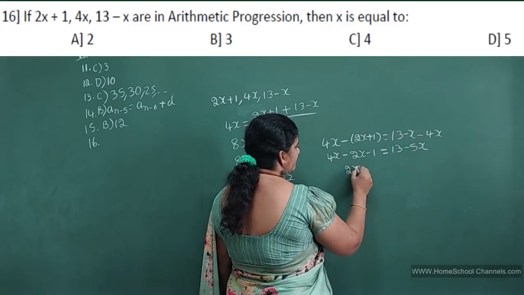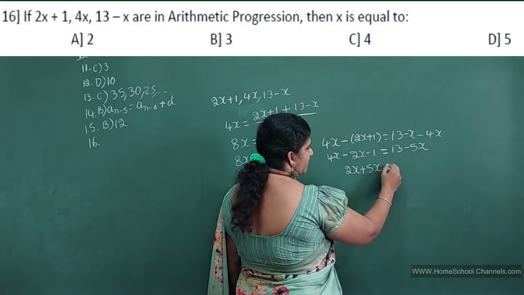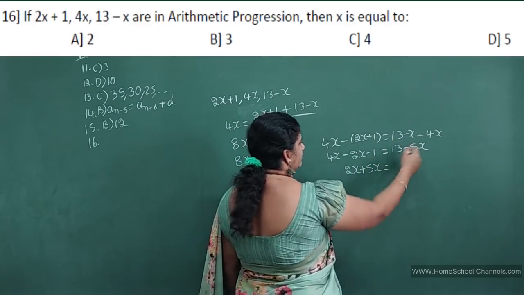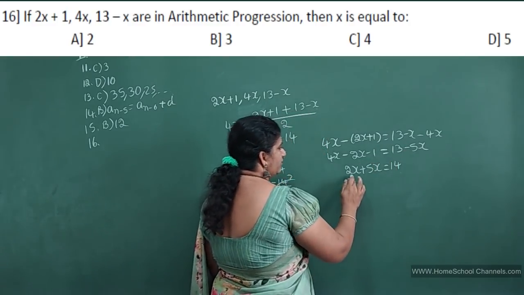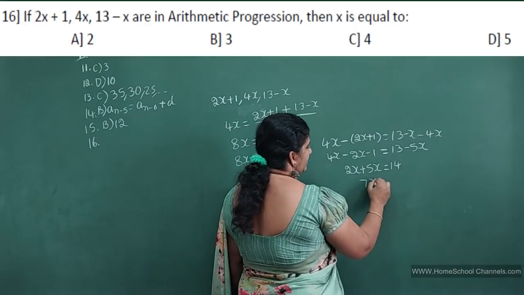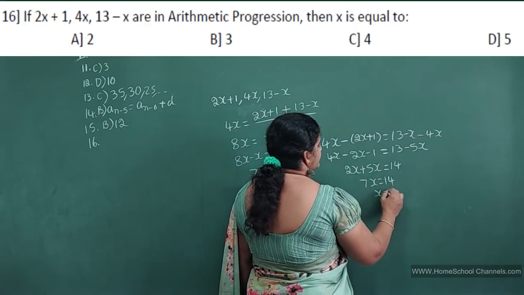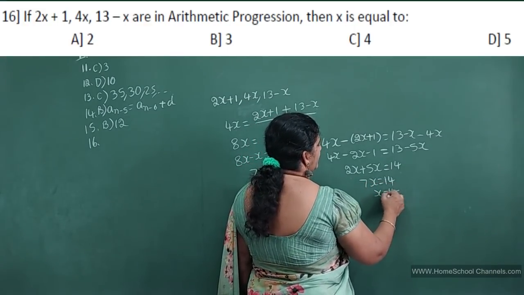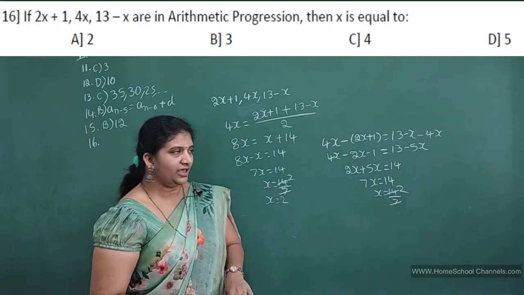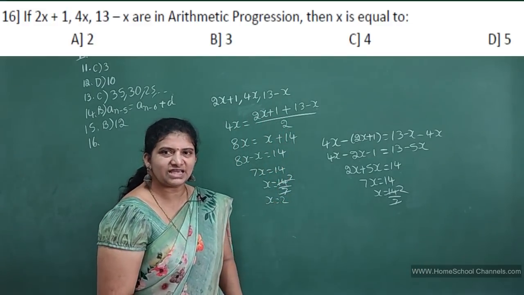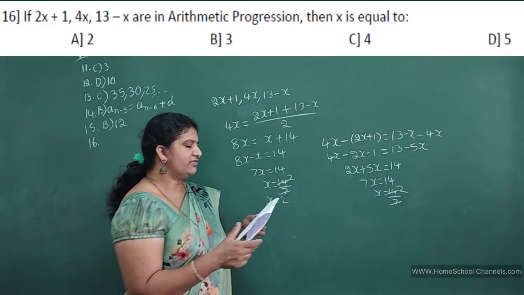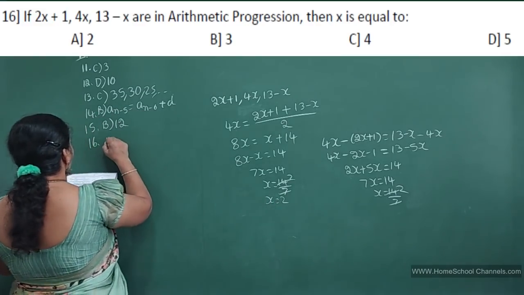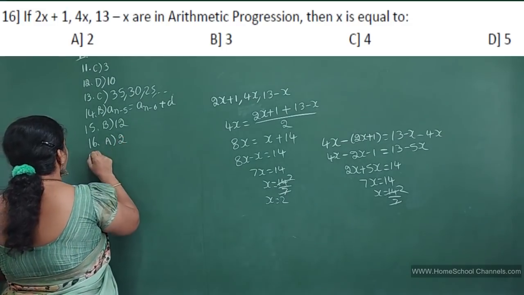Bring this minus 5x this side, plus 5x. Minus 1 plus 1. It becomes 13 plus 1 will be 14. 5x plus 2x is 7x. And x is equal to 14 by 7. It is 2. In both the ways, you get the same answer. Therefore, x is equal to 2. Check for the option. Option A, 2 is the right answer.